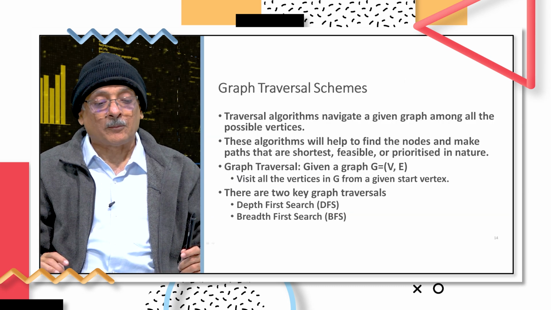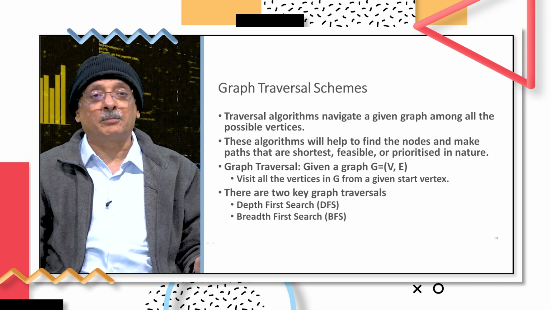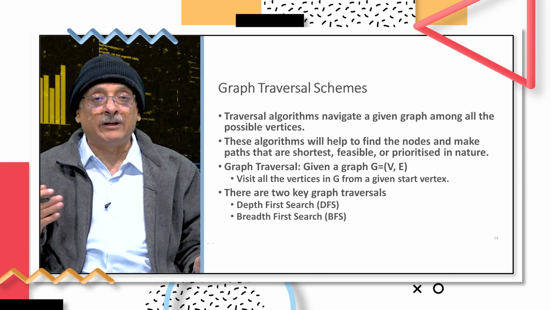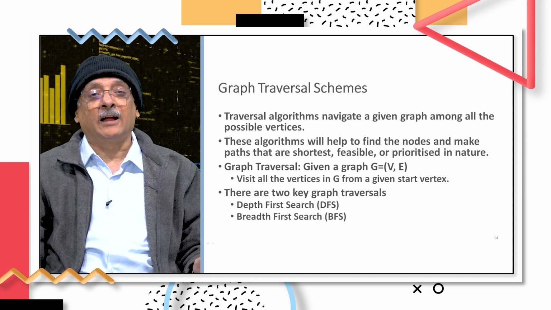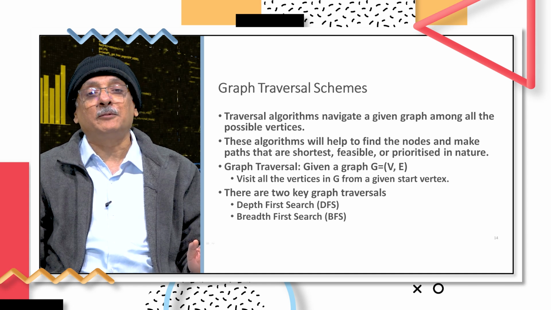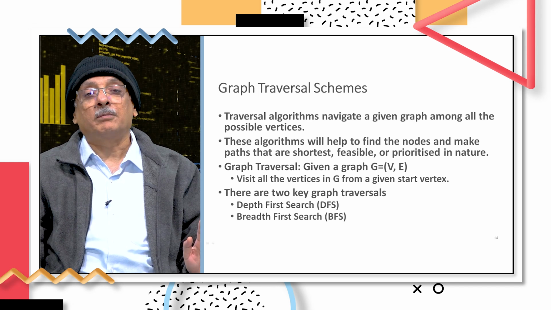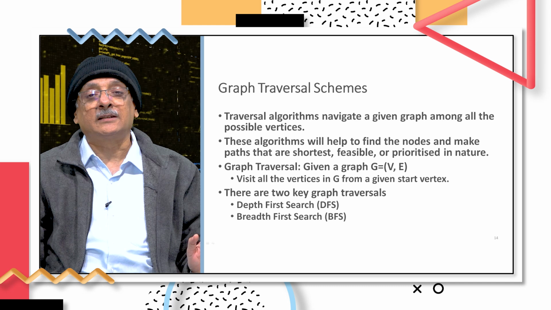All right. Now, move on to something called graph traversal schemes. Graph traversal schemes are primarily meant to navigate a given graph among all possible vertices. These algorithms help to find nodes and make paths that are shortest path, feasible path, or prioritized path in nature.